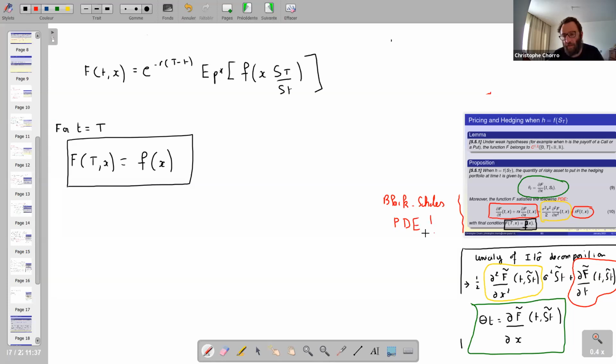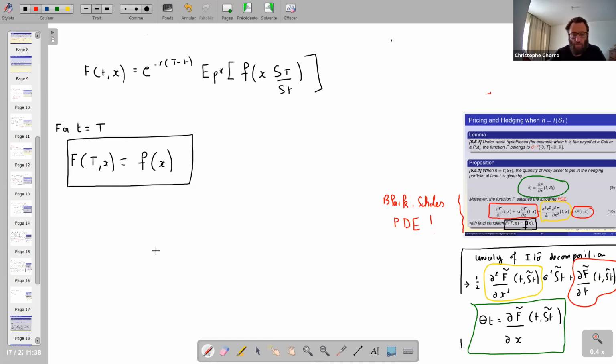So let's continue. The only thing that I have proposed to you at this stage is another point of view on the way to consider the price function in the case where the contingent claim is a function of the terminal value of the asset.